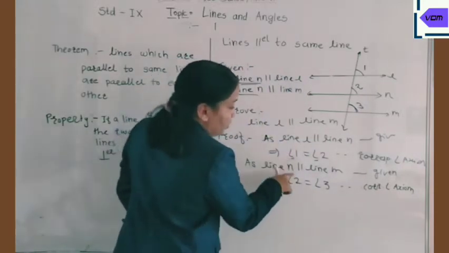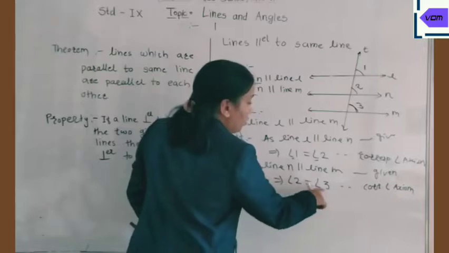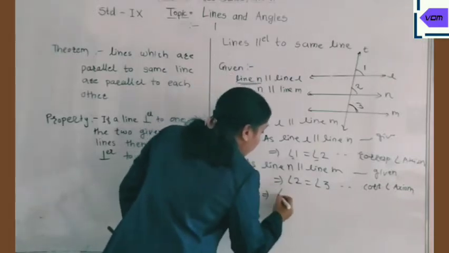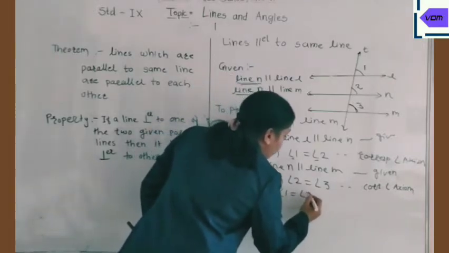Now if you observe, angle 1 is equal to angle 2 and angle 2 equal to angle 3, therefore this implies that angle 1 is equal to angle 3.